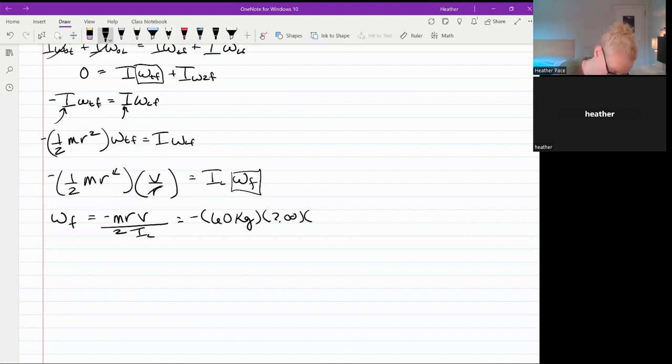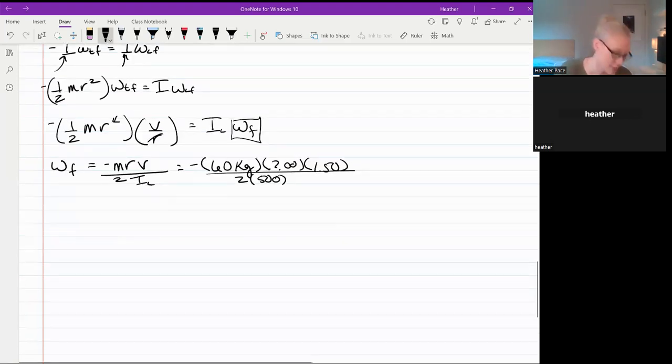V is 1.50. 2 times 500. And I'm going to use my calculator here, and what I end up with is negative 0.36 radians per second.